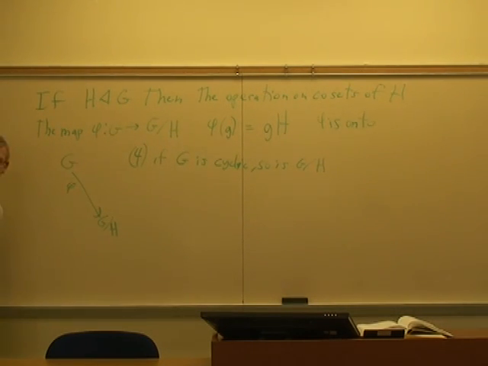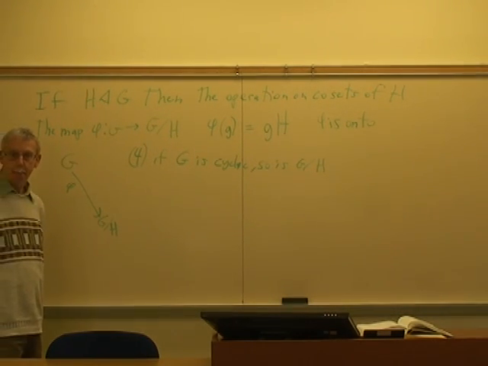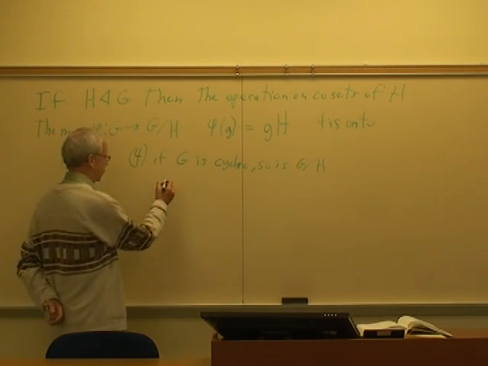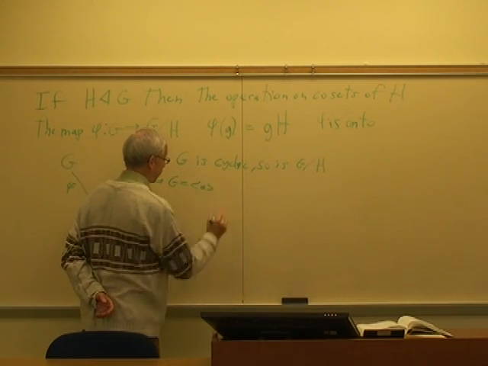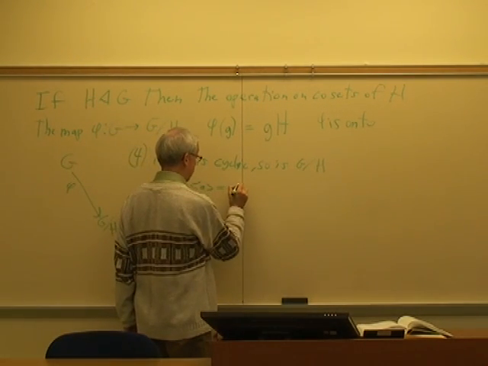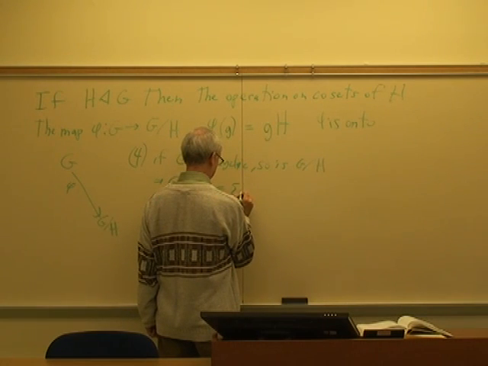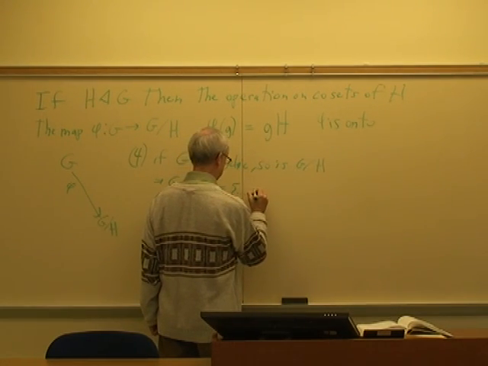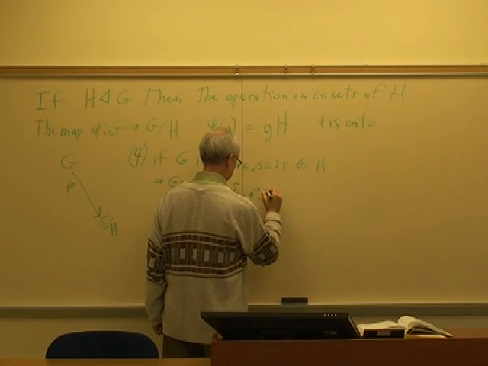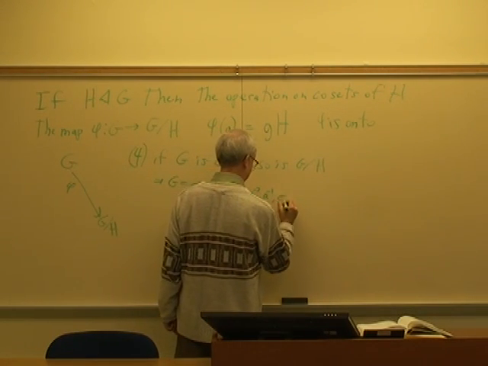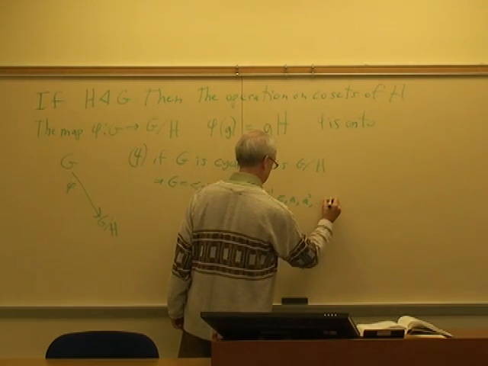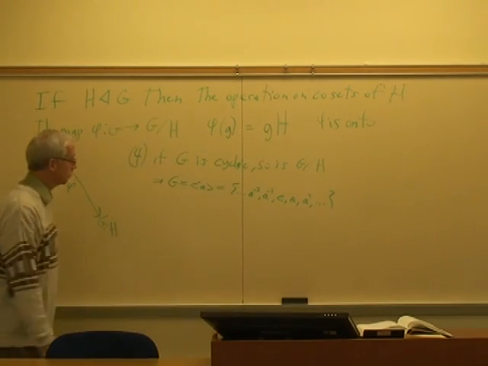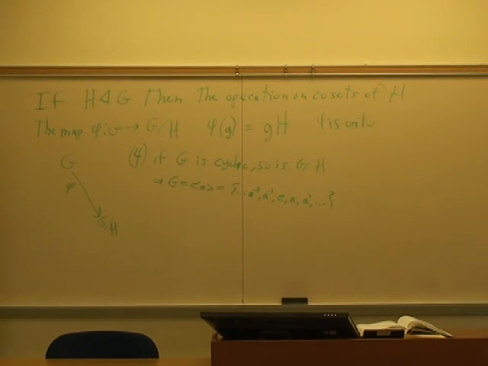What does G look like? So this means that G is generated by a single element. It's the set of all the powers of a, which may or may not be finite, but that's what all the elements look like. Some power of a.